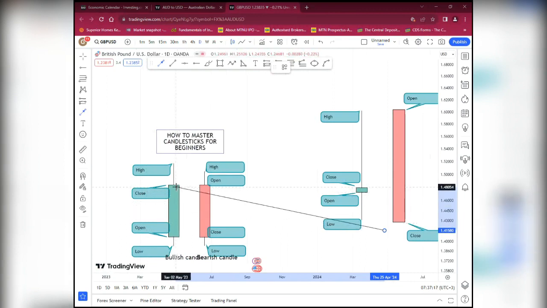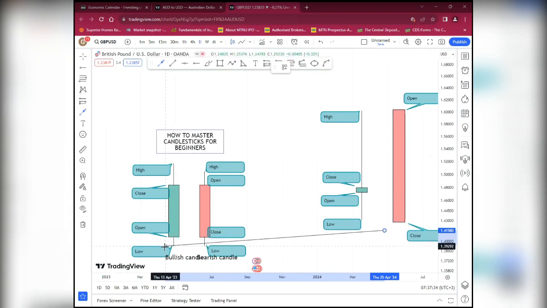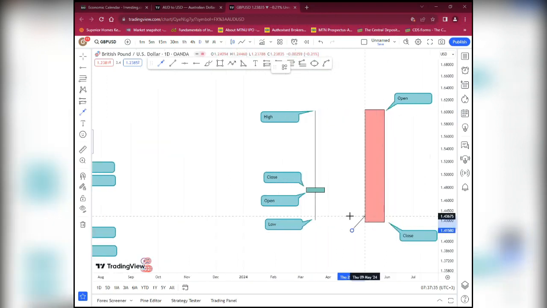If the candle has a wick on one side, depending on whether it's bullish or bearish, if it has this wick, it means that it has a high. If it has this wick, it means that it has a low. Same as here.